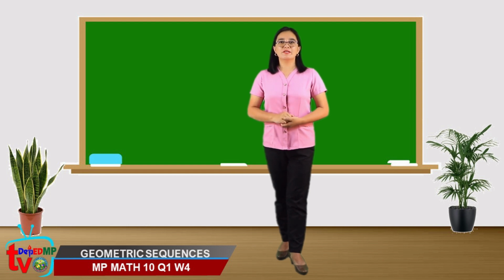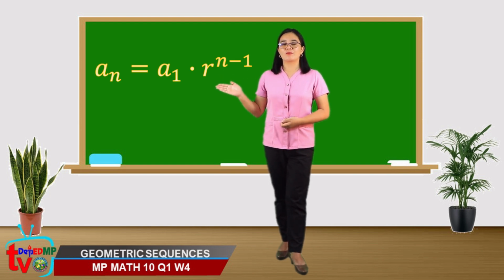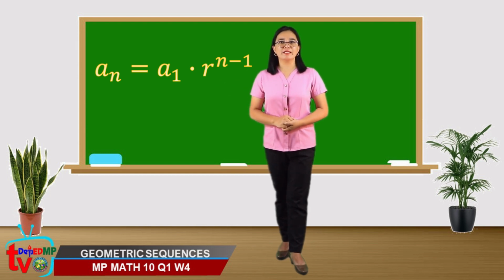Second, the common ratio, r, can be determined by dividing any term in the sequence by the term that precedes it. Third, use the formula a sub n equals a sub 1 multiplied to r raised to n minus 1 when solving for the nth term of geometric sequences.